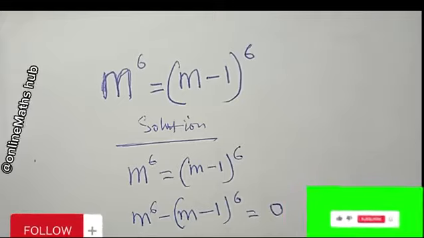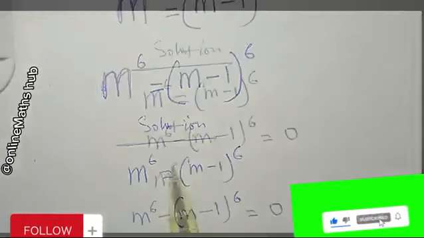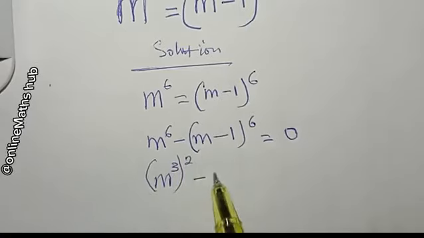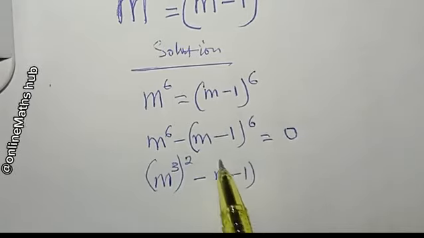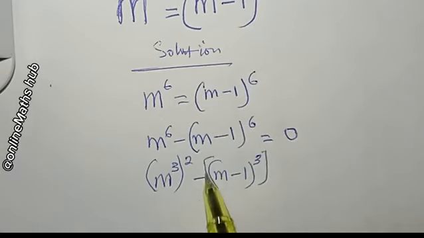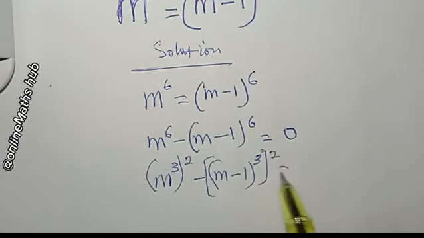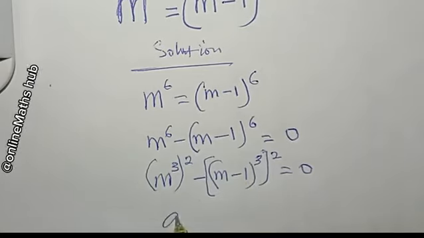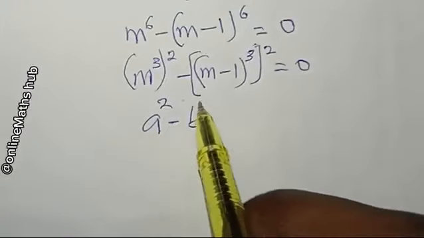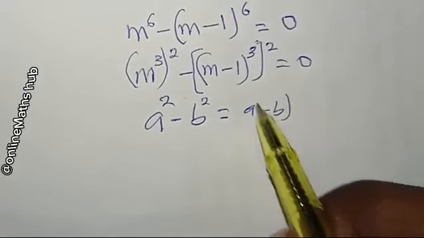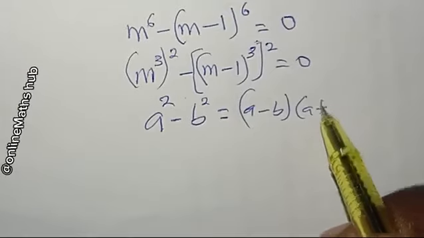I can write this m power 6 as m power 3 raised to power 2, and I will also write this term that way, m minus 1 power 3, raised to power 2. Obviously what you can see here is a difference of two squares, and you can remember that a squared minus b squared can be expanded as a minus b multiplied by a plus b.